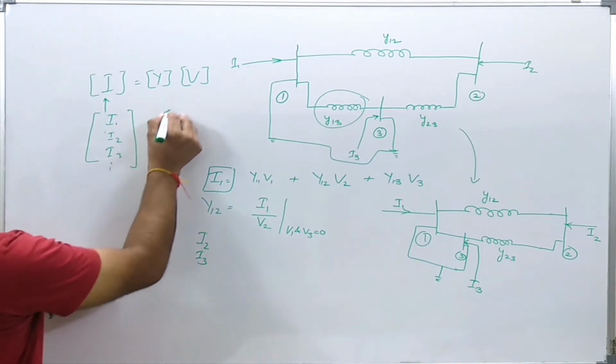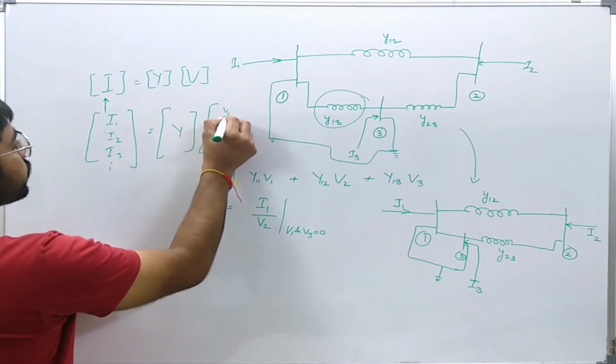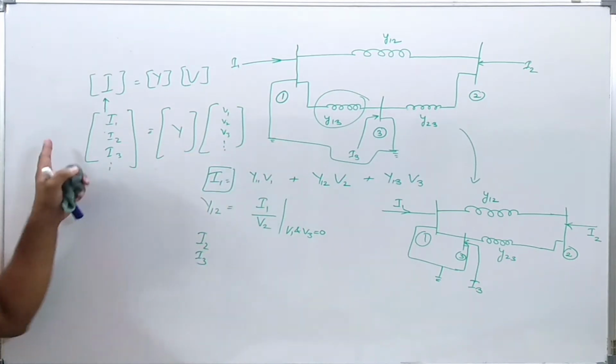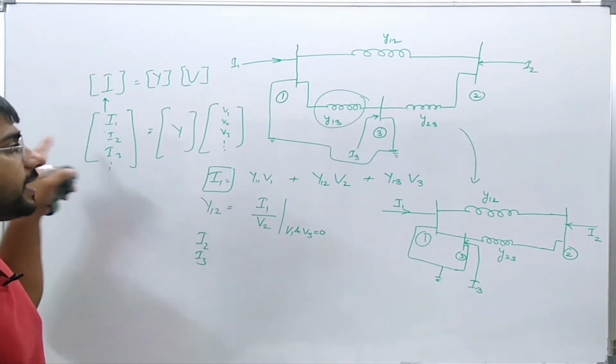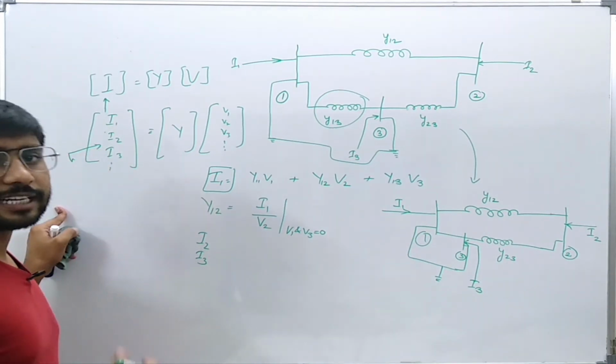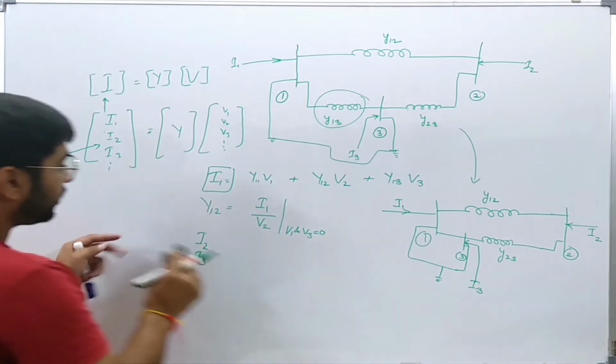Okay, and this is the admittance matrix, and these are various bus voltages. Now, what do I want to say from this statement? That these currents are actually the currents which are entering the transmission network from the bus. Let us see what I want to say from this.